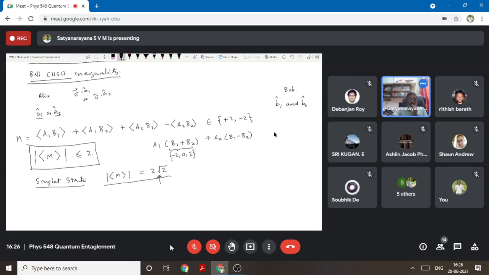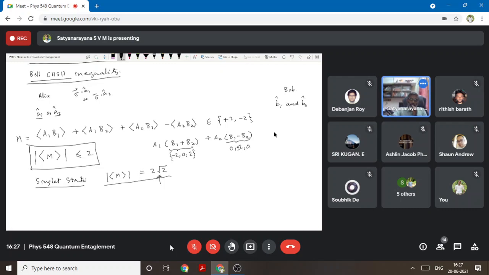Now whenever b1 plus b2 is plus 2, b1 minus b2 will be 0, and when b1 plus b2 is 0, b1 minus b2 will be plus or minus 2.